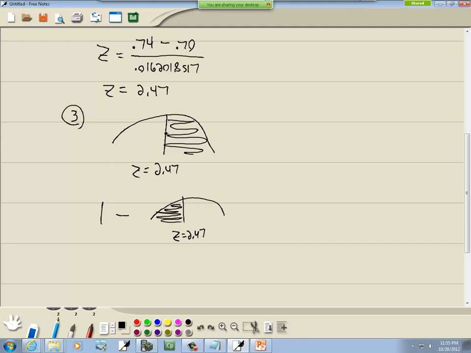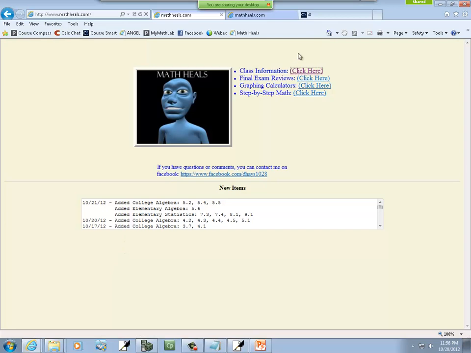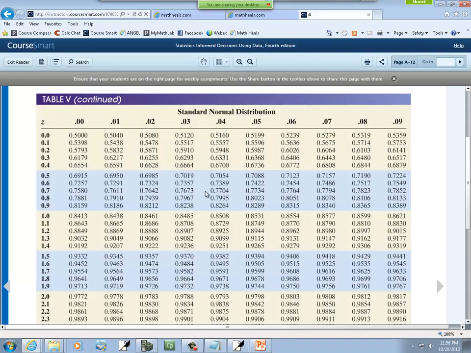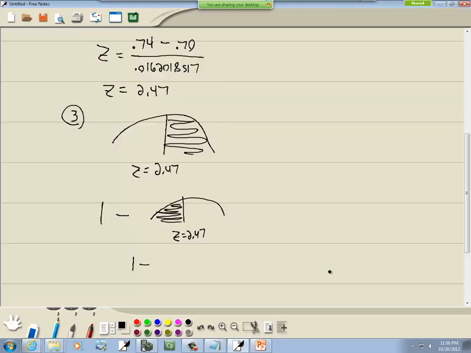Again, 1 is everything, so if I subtract off the area to the left, that'll leave us the area to the right. So let's go look up 2.47. Well, the 7 is in the hundredths place. I'm looking in this 0.07 column. 2.47 is 0.9932.